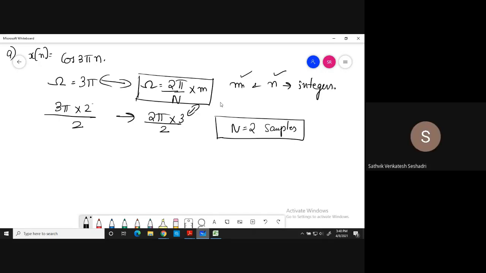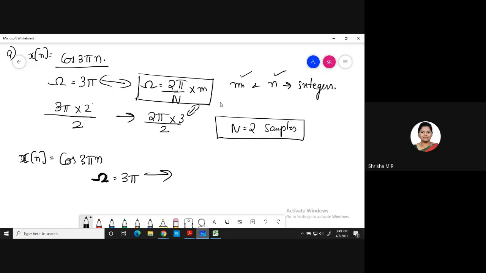Can you tell once more why we divided by 2, ma'am? Yeah. So in this question, you have cos 3 pi n. That is your x of n. It is a discrete time signal, right? So what is omega here? We represent omega like this in discrete time signals. Omega is nothing but 3 pi. So I have to represent this in the form omega equals 2 pi by n into m.